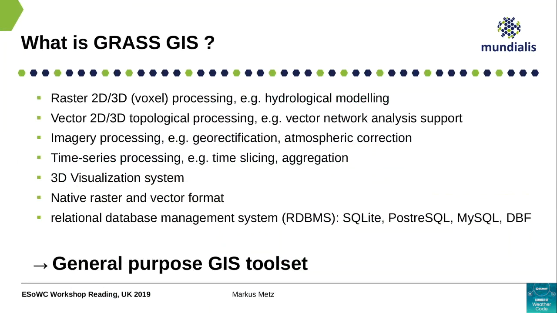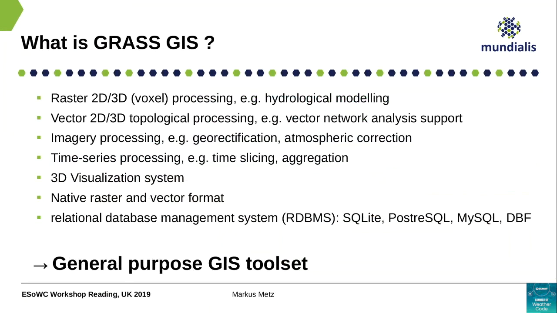A quick introduction why I think that GRASS GIS is suitable for this particular task. The main advantage is its true vector topological processing engine that not only facilitates the correction of these errors, they are actually usually corrected automatically upon import.